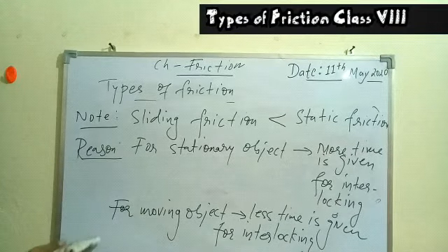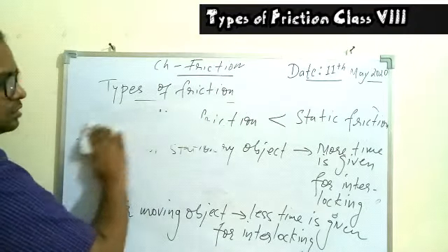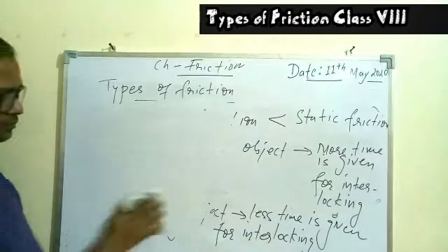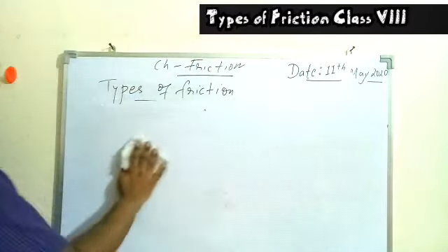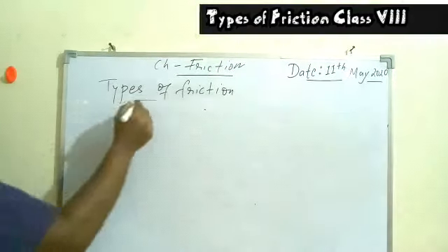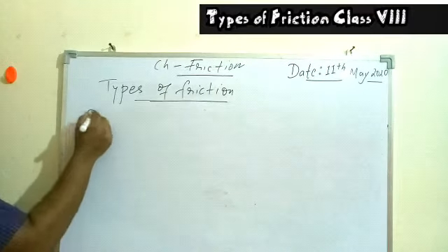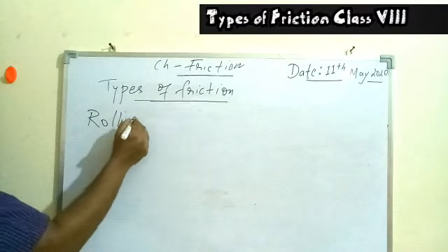So we are moving to the next type of friction that we have, that is rolling friction. Okay, so the third we have rolling friction.